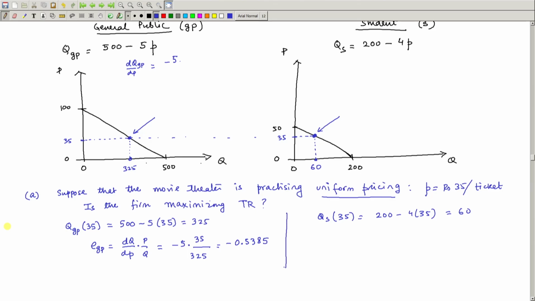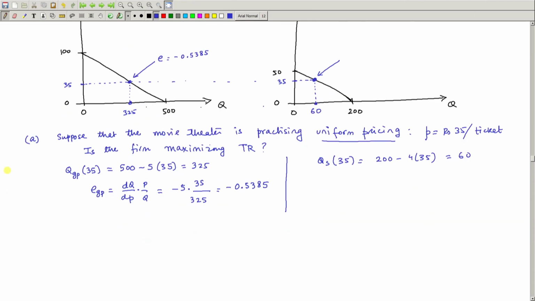So, currently as far as the general public group is concerned, at a price of 35 rupees per unit, the elasticity is minus 0.5385. This is a number in absolute terms less than 1. So, the movie theater is operating on the inelastic portion of the demand curve.